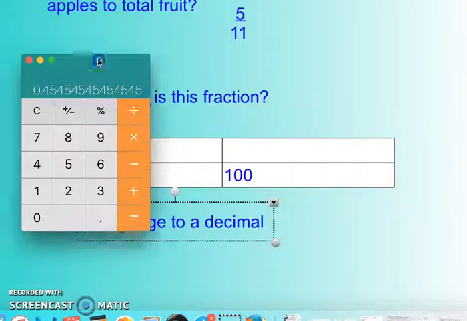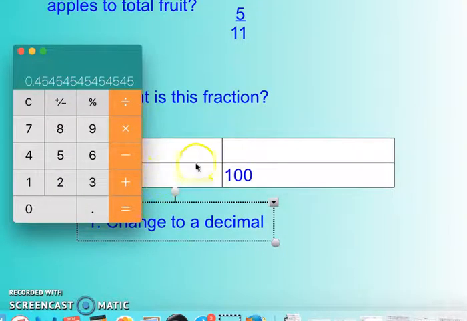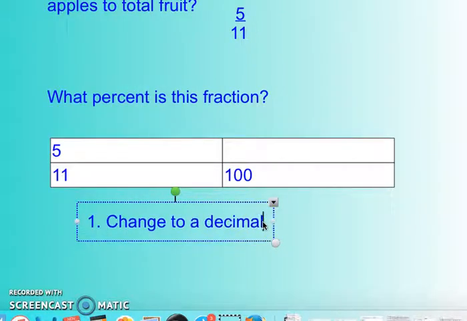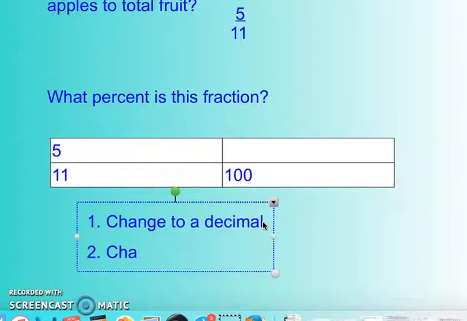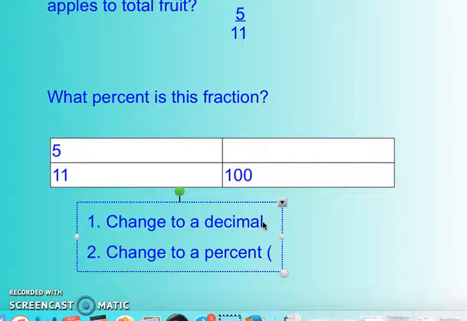And then what do I do with this 100? I have to cross over this line in the middle to get to 100, and I need to know what percent that is equivalent to. Correct, we're going to multiply by 100. Let's put that as step number 2: change to a percent, and we are multiplying by 100.